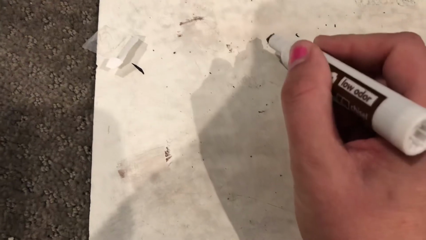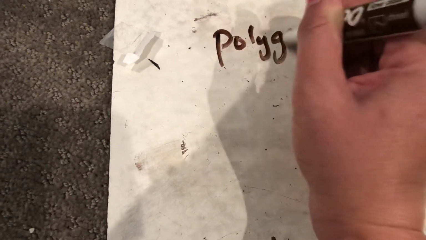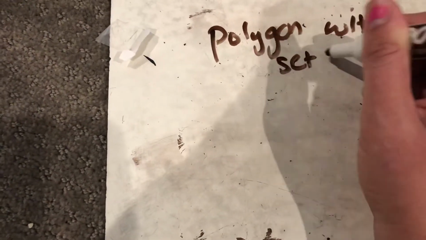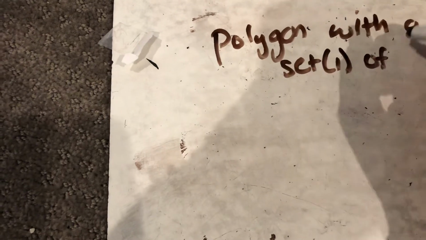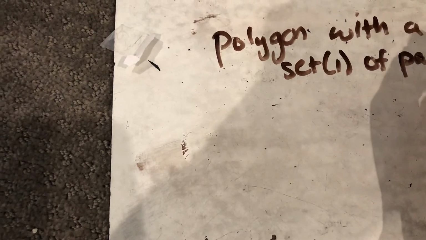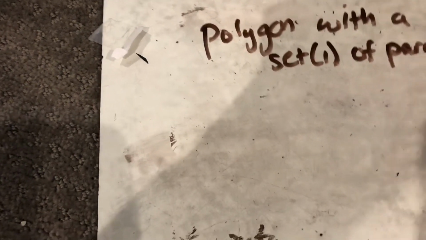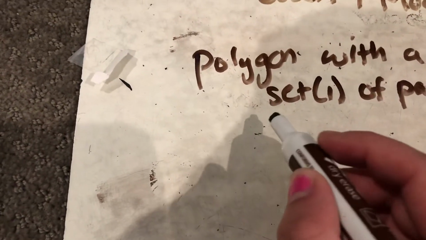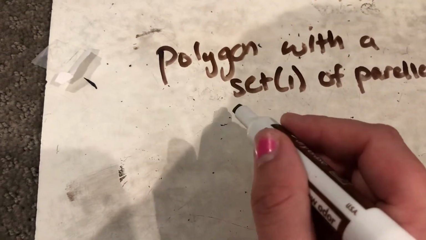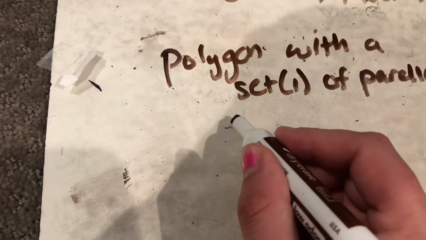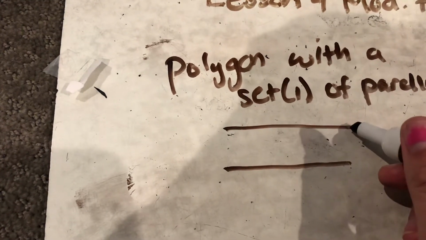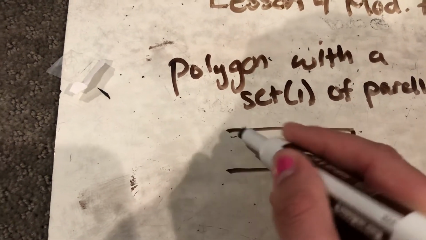So if I were to draw a polygon with a set, that means 1, of parallel sides, that means it needs to have 1 set of parallel sides, so just 2 parallel sides. All right, so we go like this. This is not parallel because they're not diagonal, but these ones right here are parallel.